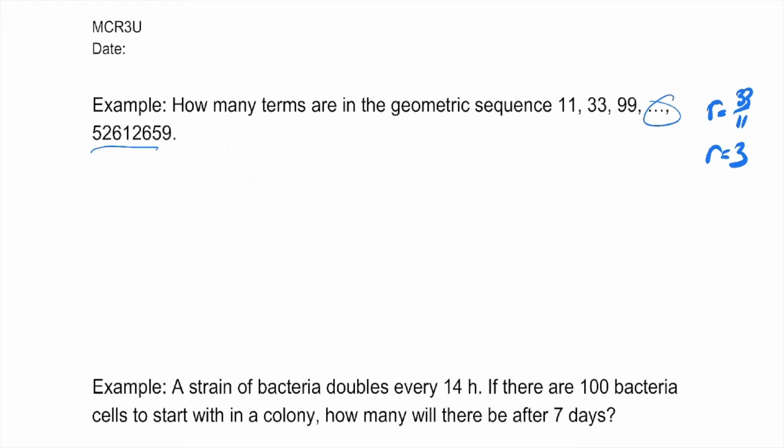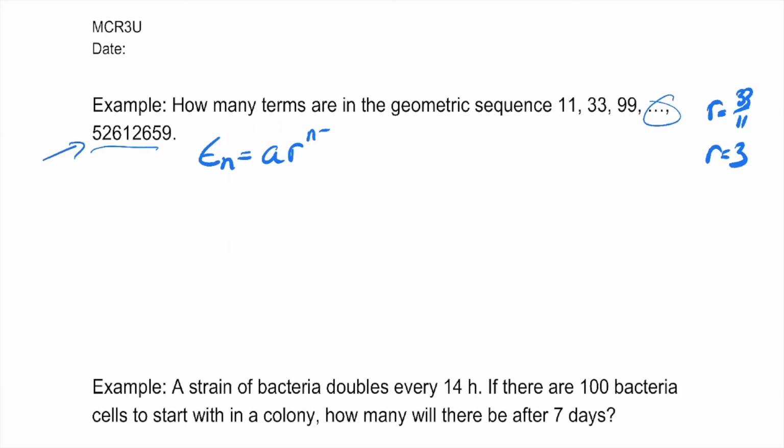So how can we go off and figure out how many terms there are? Another way we could phrase this is: 5,261,265,9. What term number is that in our sequence? So we have to rely on our explicit formula. So T of n is equal to a times r to the power of n minus 1.